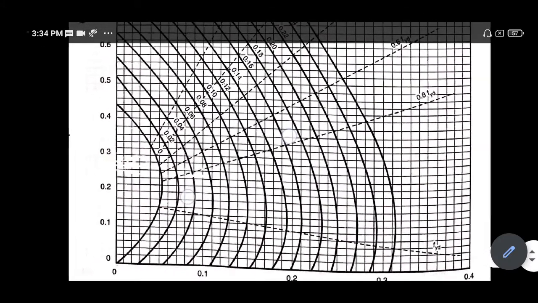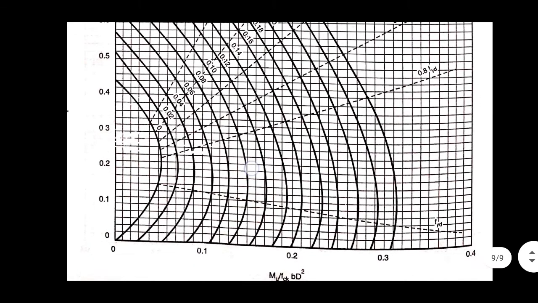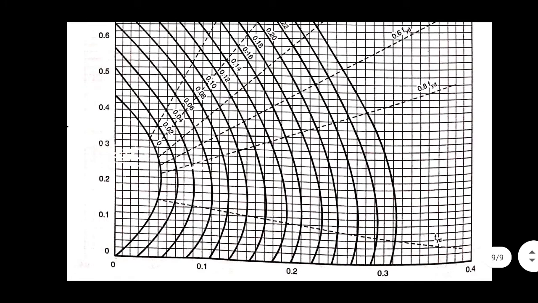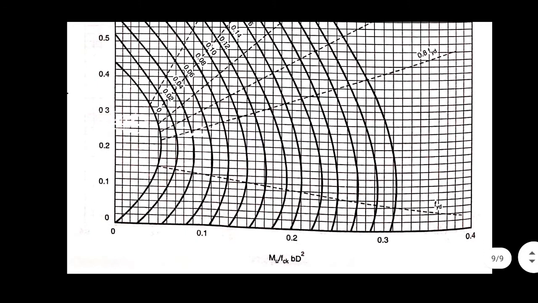Now we have to draw a line straight below to the x-axis. If we draw the line here, it is almost just before 0.1. Okay, so it may be 0.093 or 0.095. We can take the value of mu by fck bd square.